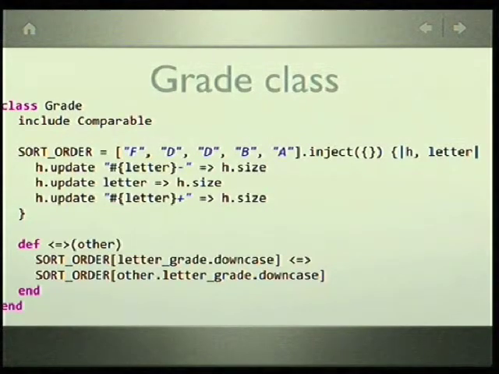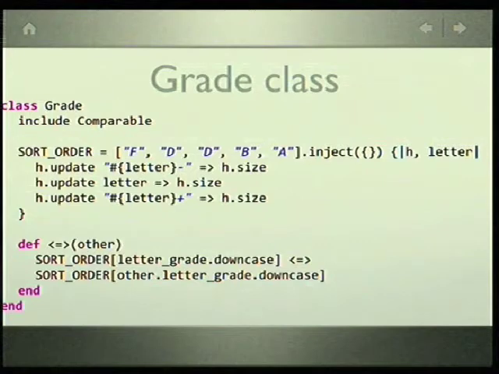In this particular case, the sort order is just a hash that has the letter grades along with the minus and plus kind of modifiers associated with an integer value. F and F- basically gets 0, and A+ would get all the way up to whatever the size of that hash is, which is like 1, 2, 3, 4, 5.